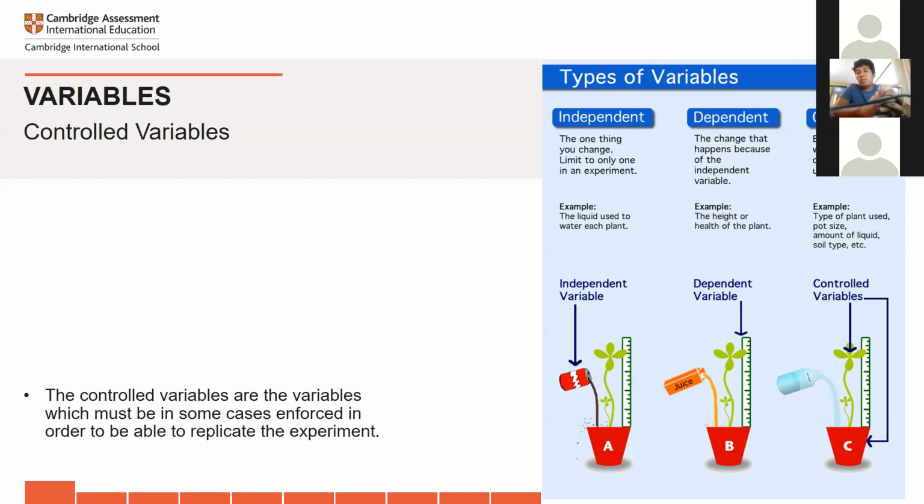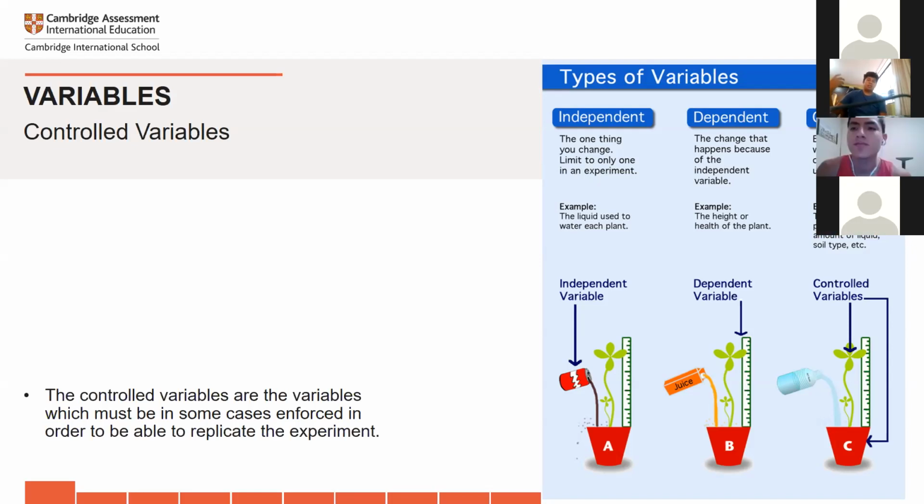And the dependent variable is going to be the fear itself, which we are going to measure by in which way we can see the behavior of the little boy. The control variables in this case are going to be the gender of the boy, the age, the size maybe, and in some cases even ethnicity, in order to replicate these experiments, right?